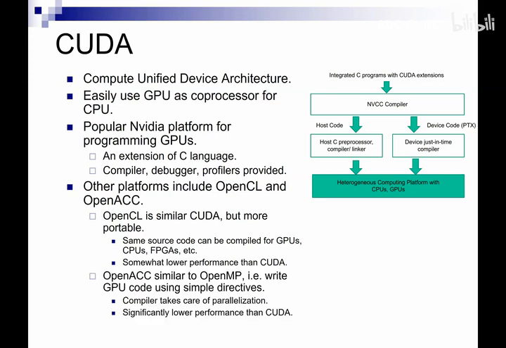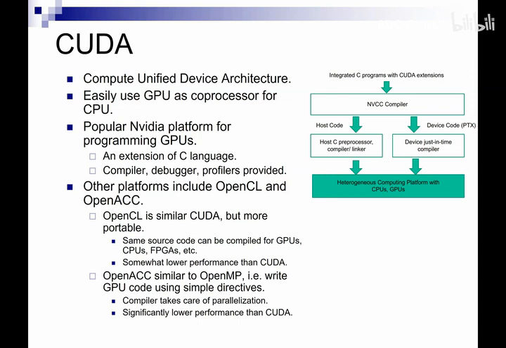There's also this thing called OpenACC, and this is similar to OpenMP in the sense that you can write GPU code using directives. Remember that in OpenMP, the way we achieved parallelism was using these pragma OMP statements that create threads for us and divide up the parallel work for us. OpenACC is similar. You use these directives, and that tells the compiler how you want the parallelism to go, and the compiler will take care of this process for you.